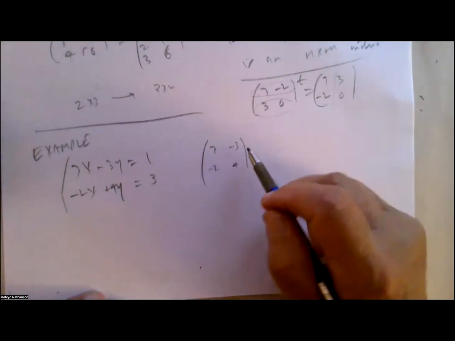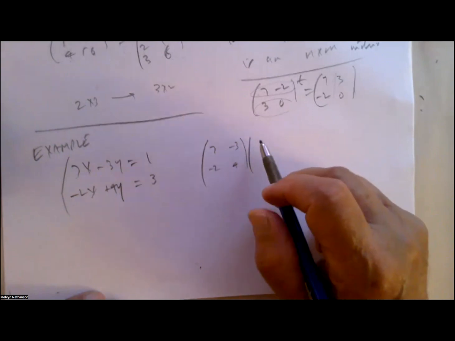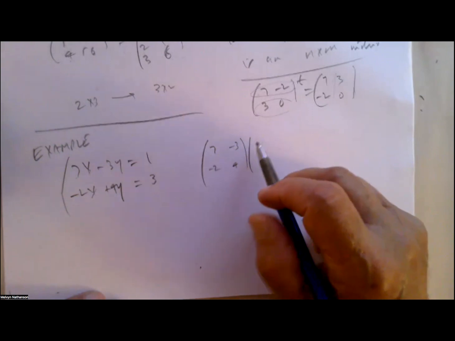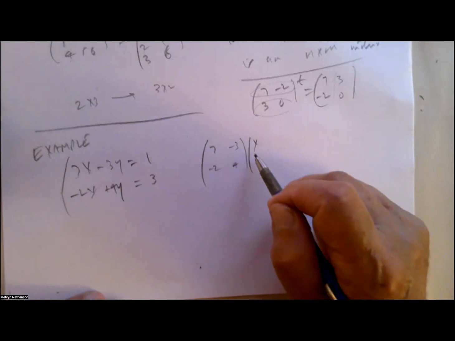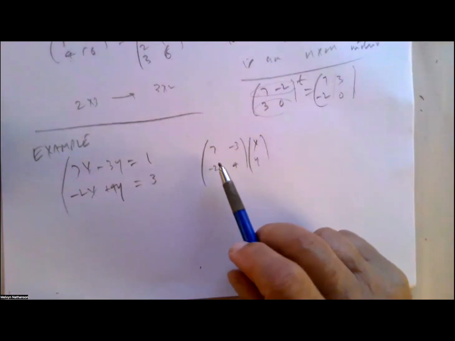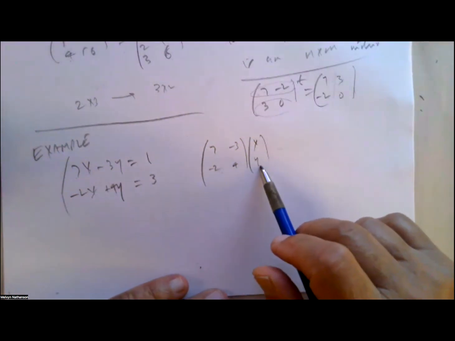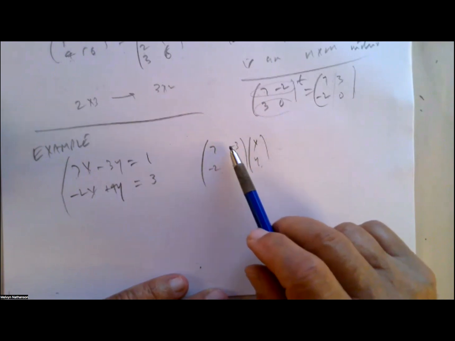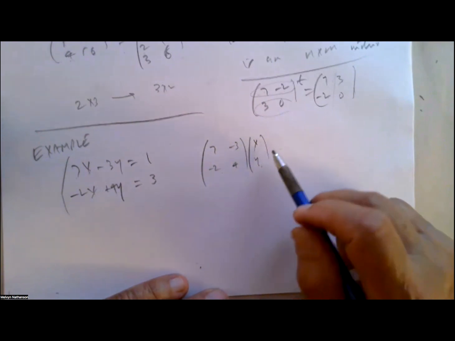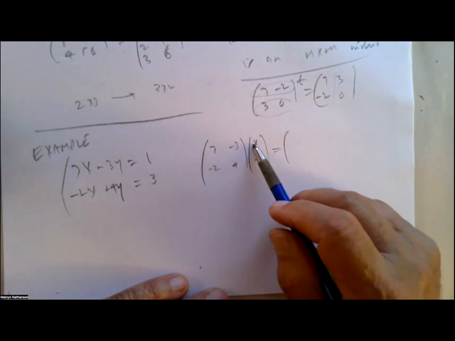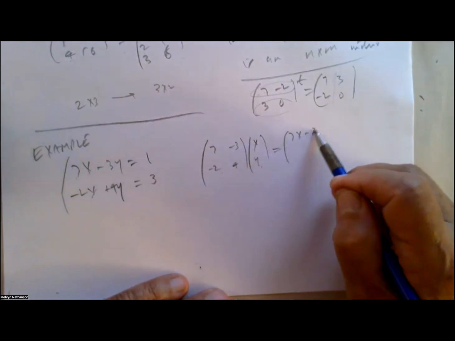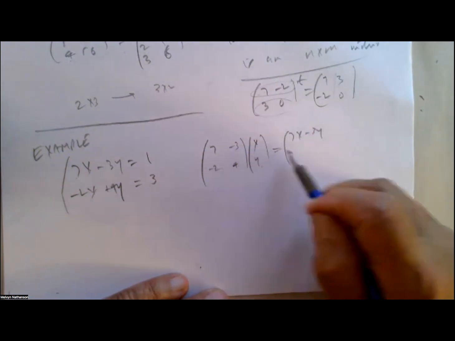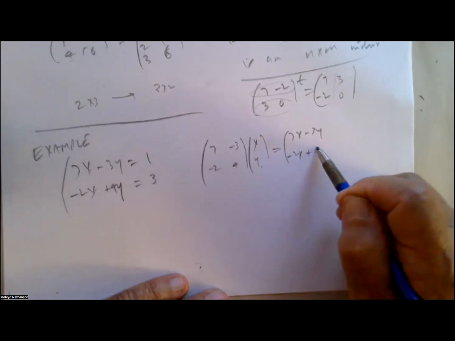And let me write another matrix. It's really just a column vector, but a column vector is a matrix, of course. x, y. If I take this matrix times this and I multiply them, the number of columns equals the number of rows. I get a matrix where this is 7x minus 3y, minus 2x plus 4y.